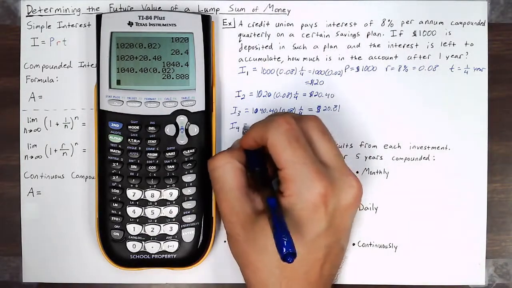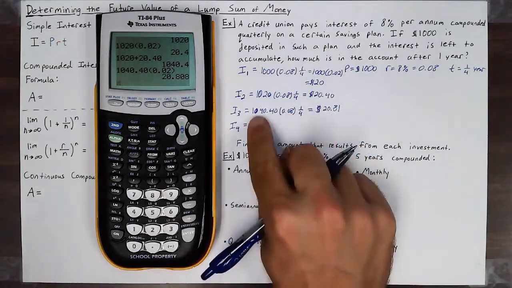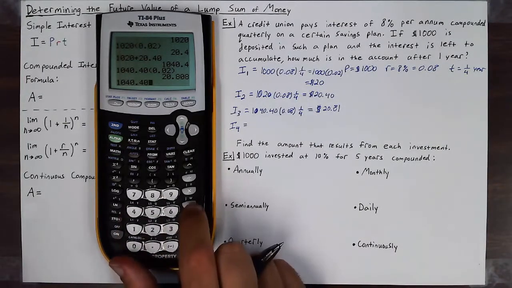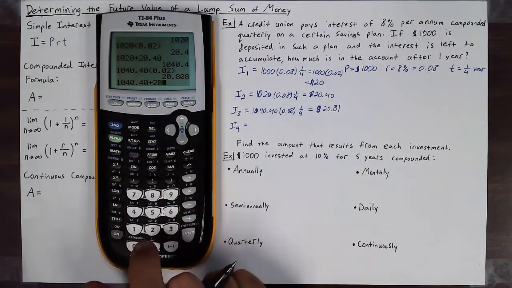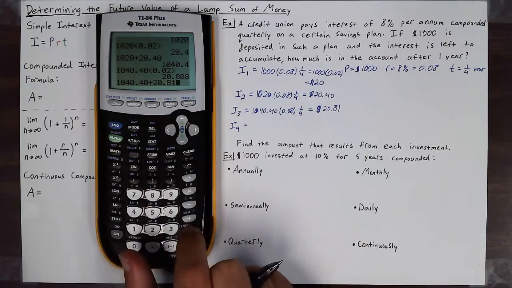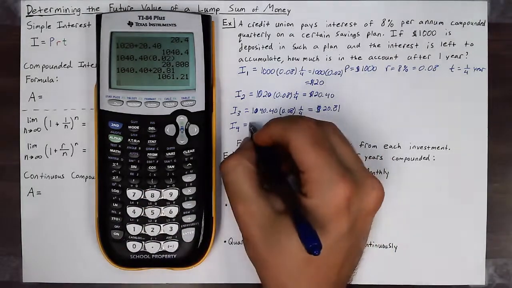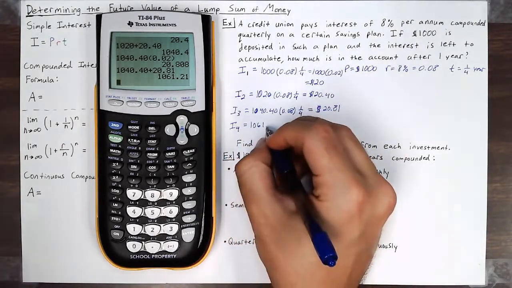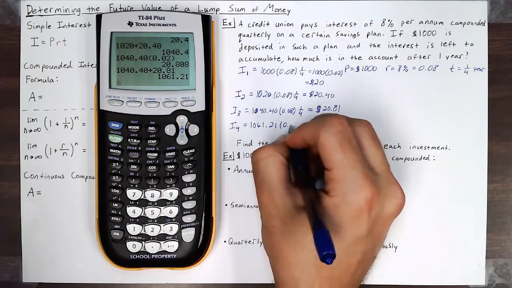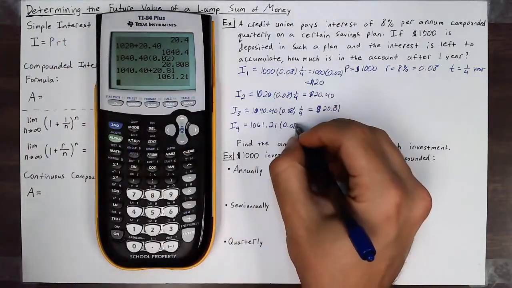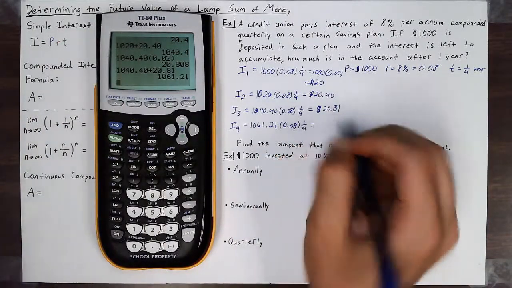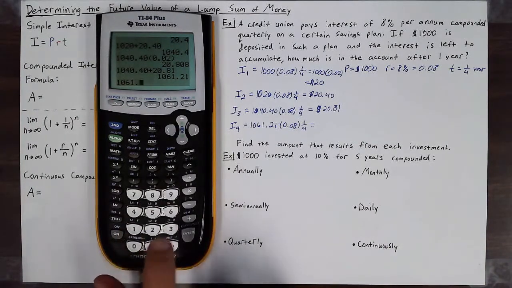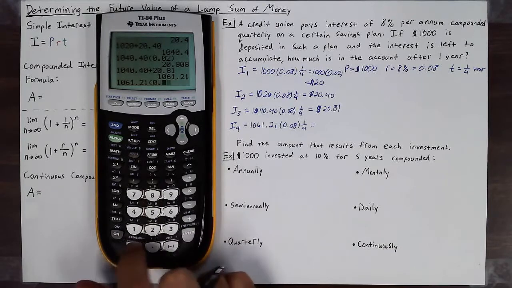Then I'll calculate for my fourth quarter. I'll have to add this onto my principal. So $1,040.40 plus $20.81 gives me $1,061.21 times the rate, 0.08, times 1/4 of a year. So $1,061.21 times 0.02.